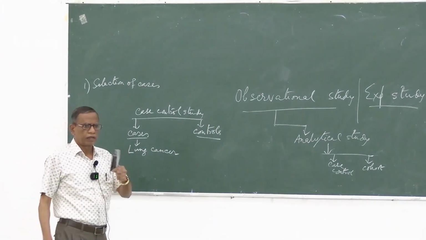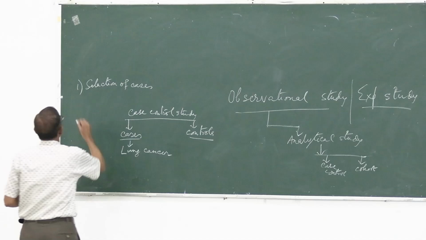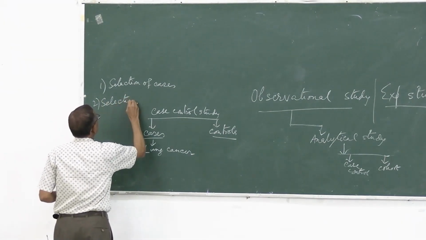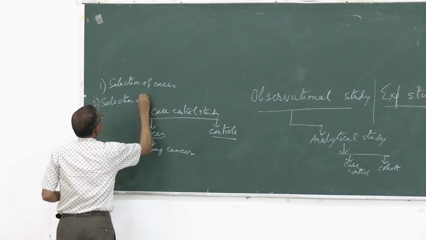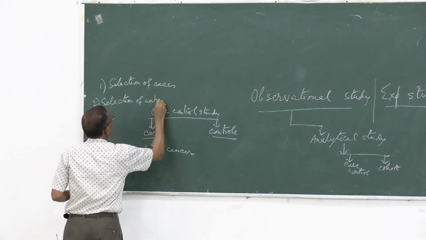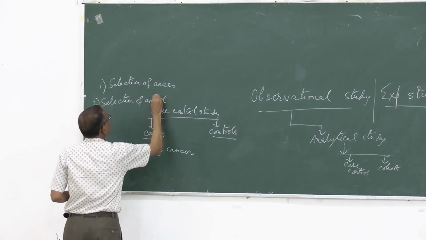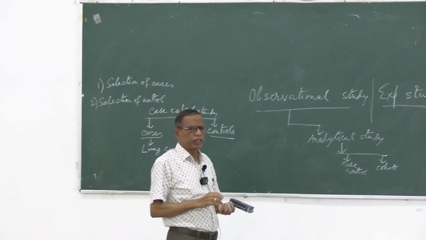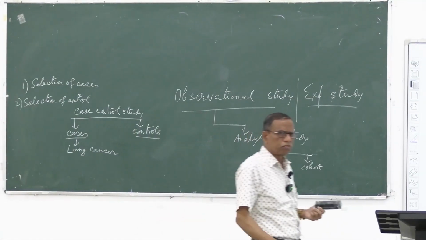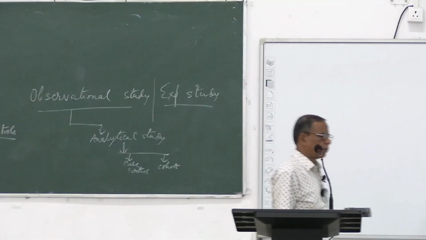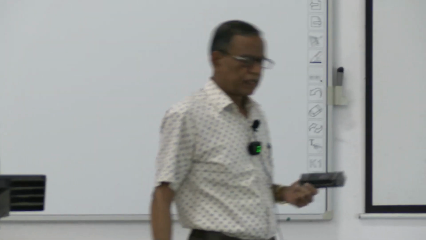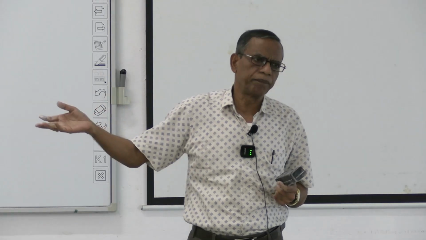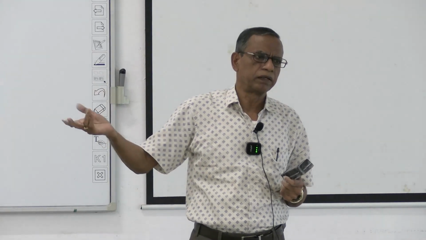Now you have to select control. Selection of control. What should be the number of control? Suppose if the number of cases is 100, your control group will be double or triple.